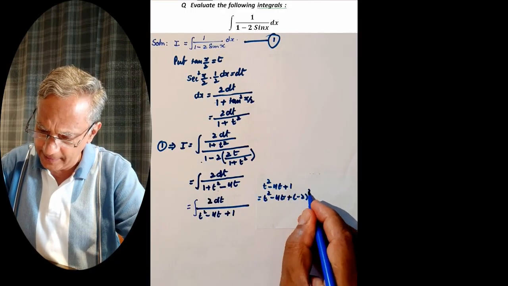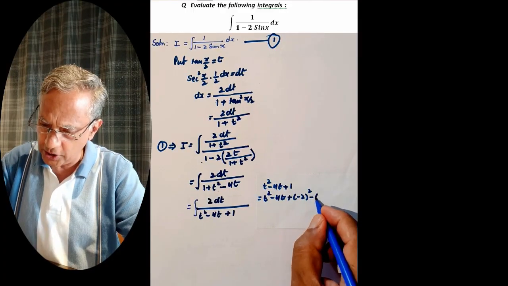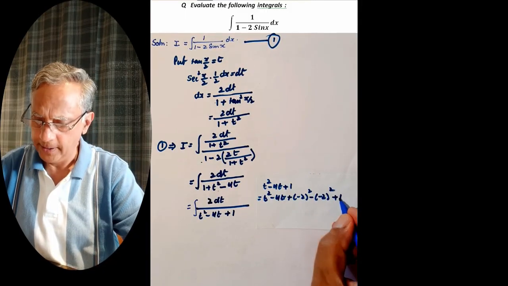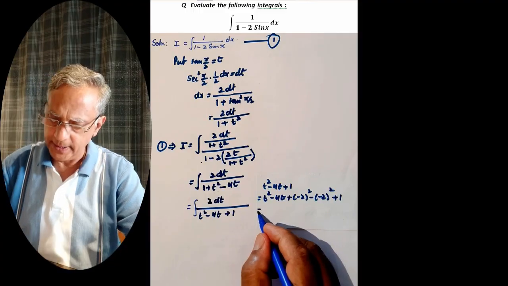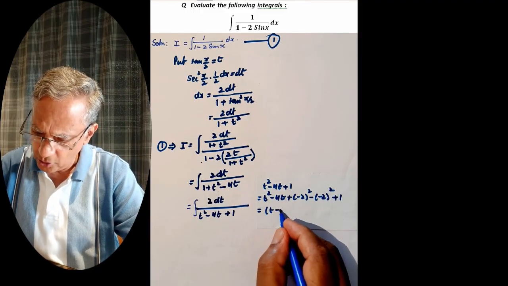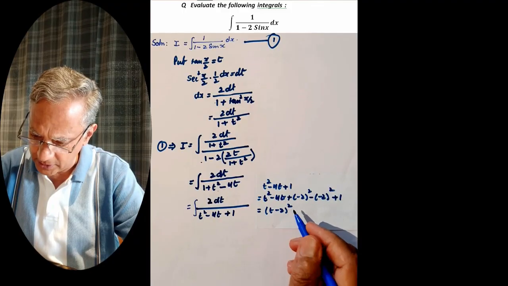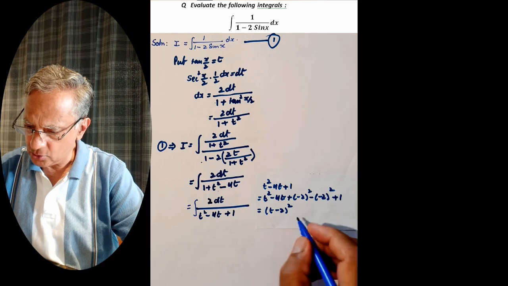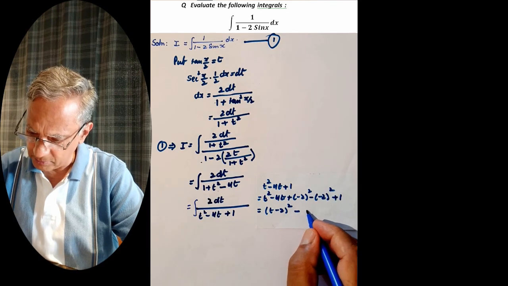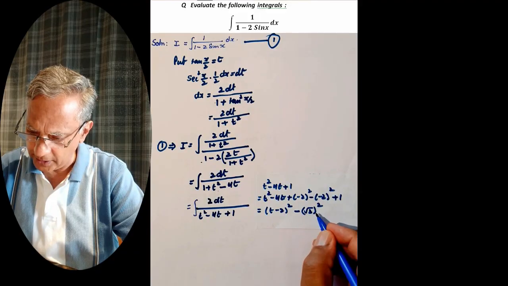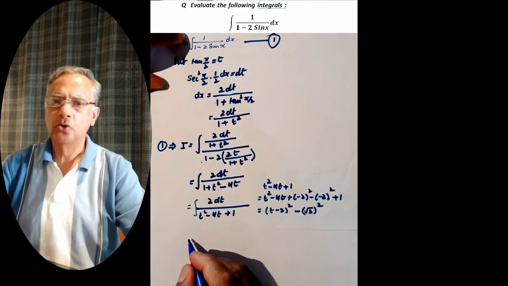So we will add minus 2 whole square and subtract minus 2 whole square plus 1. And this can be written as t minus 2 whole square, and this will be minus 4 plus 1, that is minus 3. And minus 3 can be written as root 3 whole square.